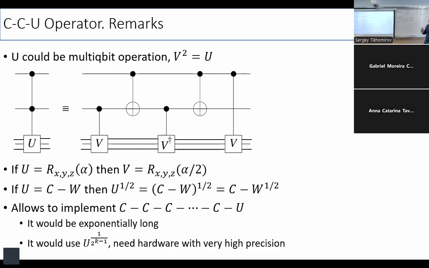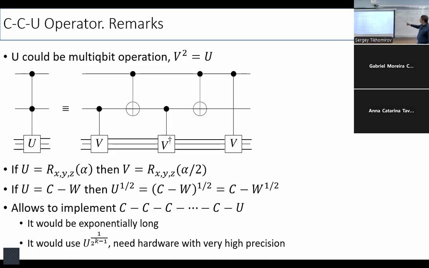No. Okay. First of all, yes, it's possible to implement, because you first do controlled by 0, U0, and after this you do controlled by 1, U1. Then comes the second question.